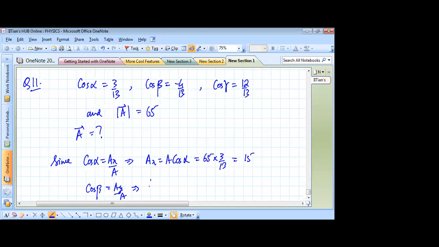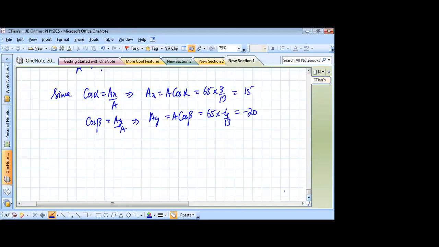So that means we can express the y component as magnitude into cos beta. So that is 65 into minus 4 by 13. So that will become minus 20. And similarly, the z component will come out to be magnitude into cos gamma. So that is 65 into 12 by 13. So that's 60.